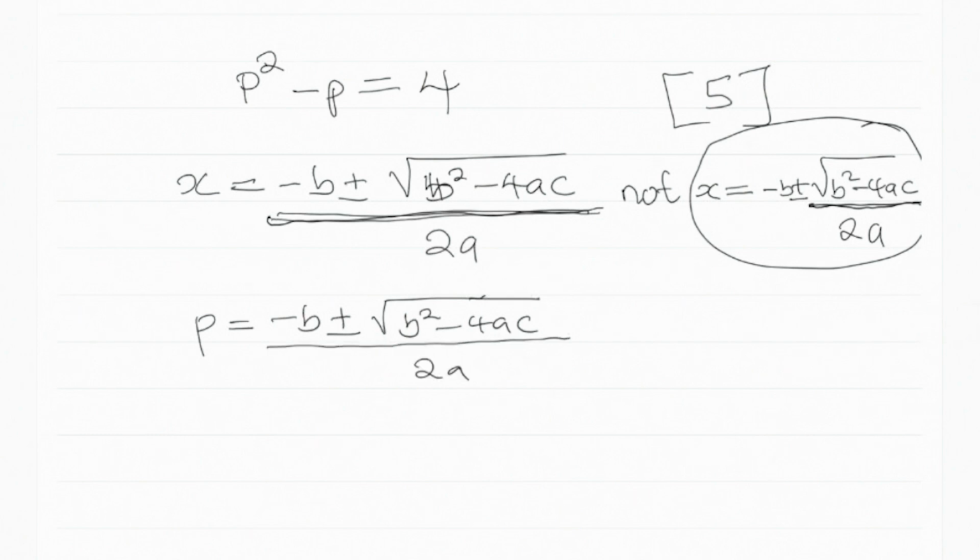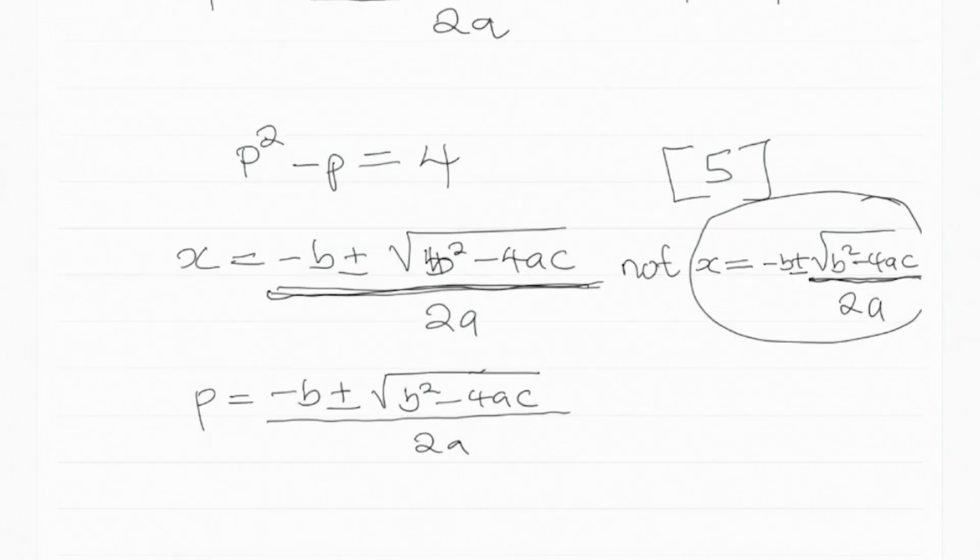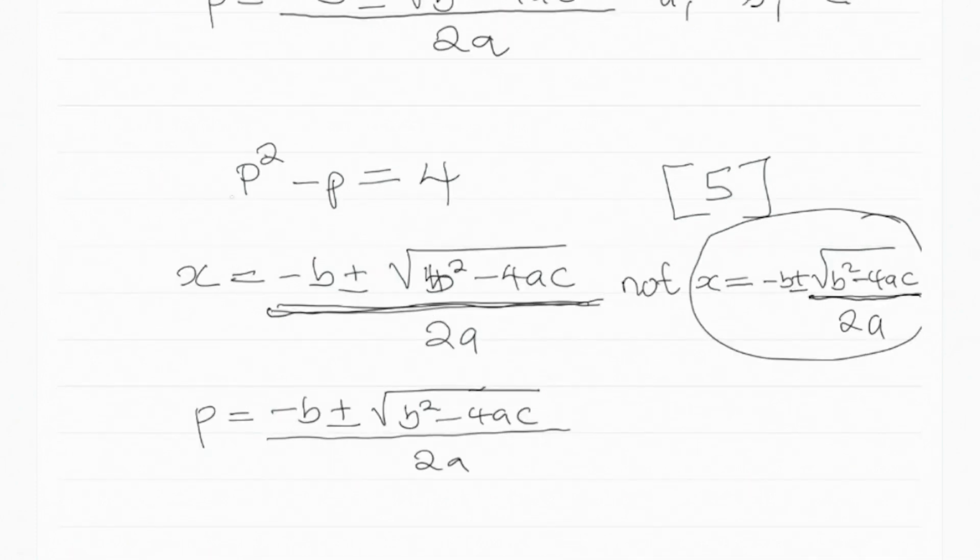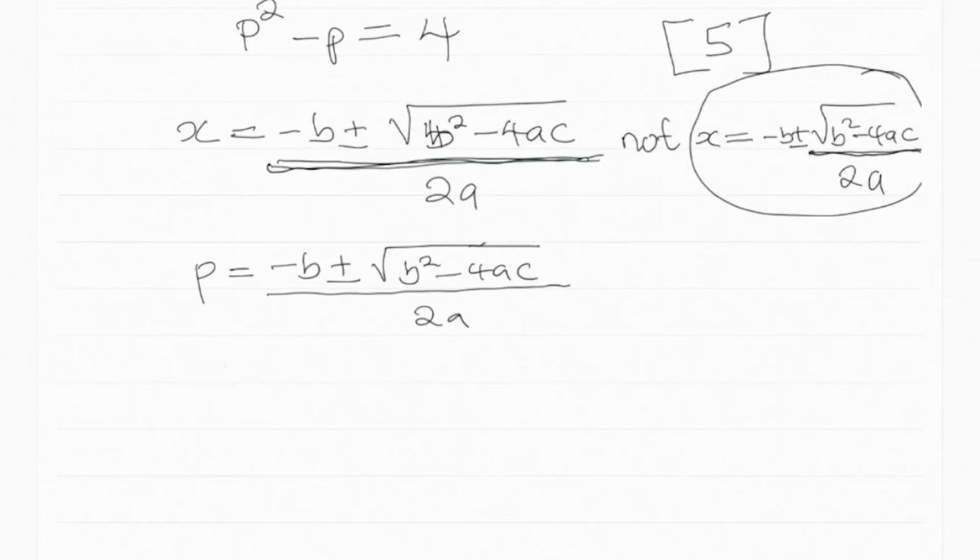Right. Now, in that given quadratic equation, let me write it here again. We have p squared minus p, then we transpose this 4 to the other side. We have minus 4 equals 0.